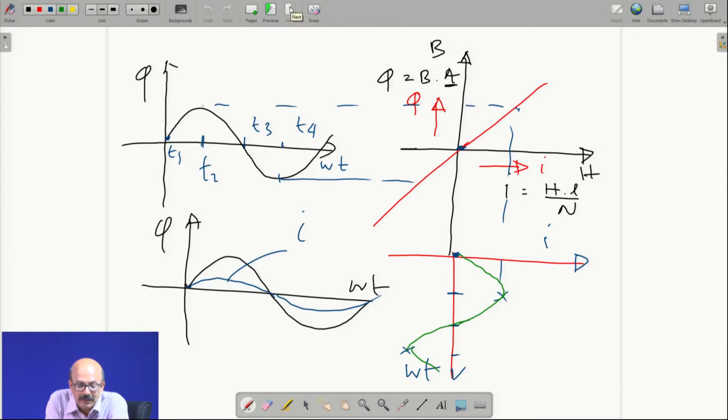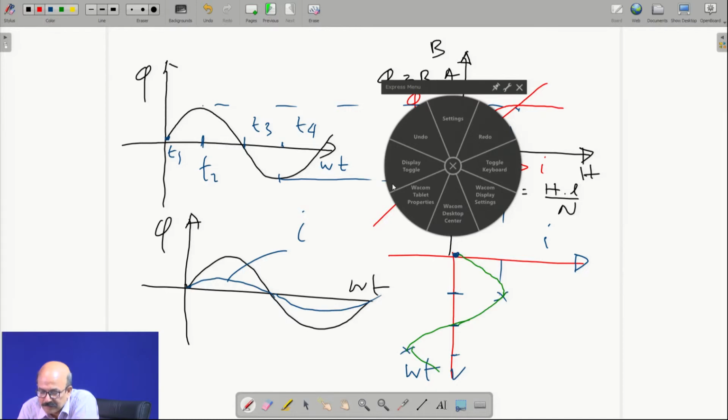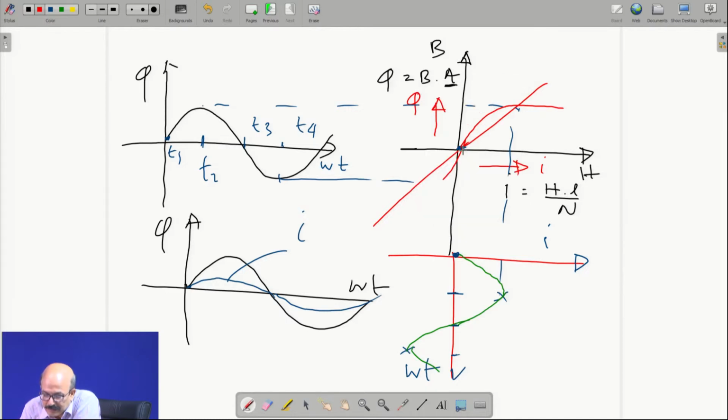So, we consider now, on top of this, that because of saturation it looks like that. This is because of non-linearity.